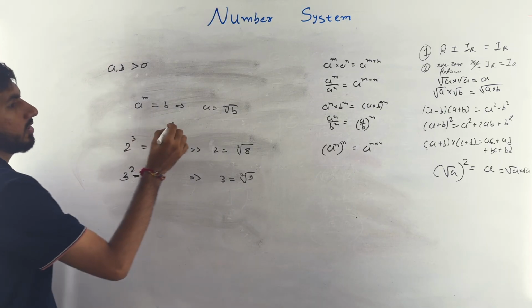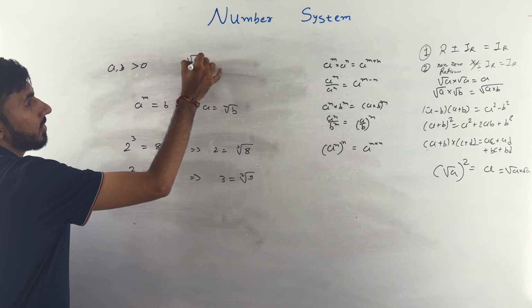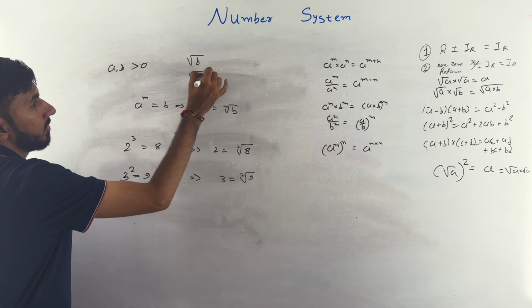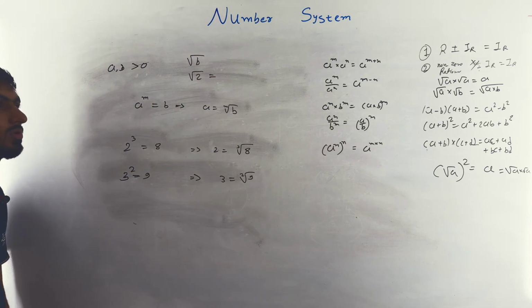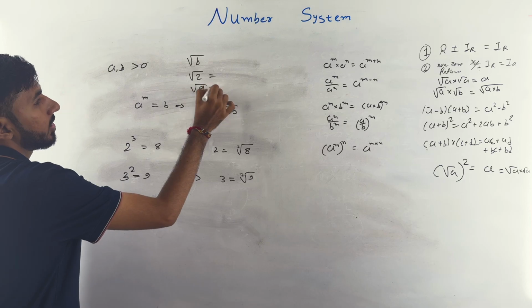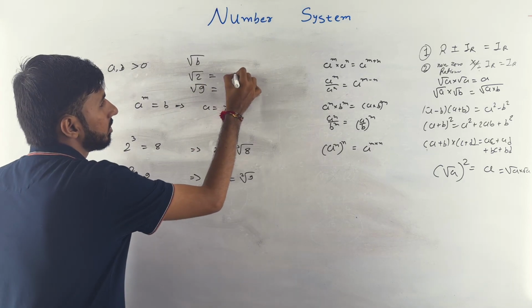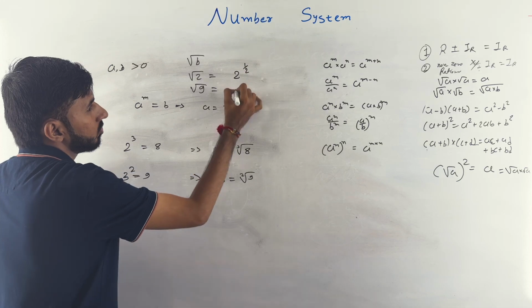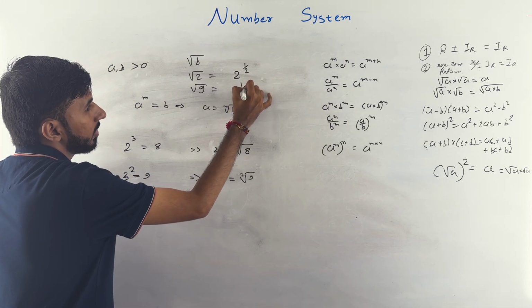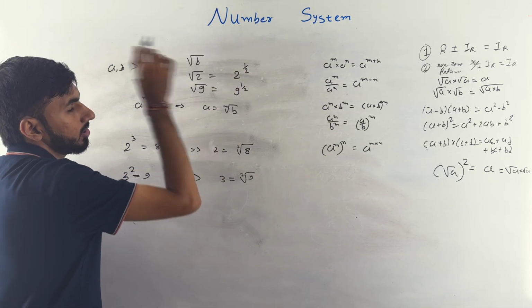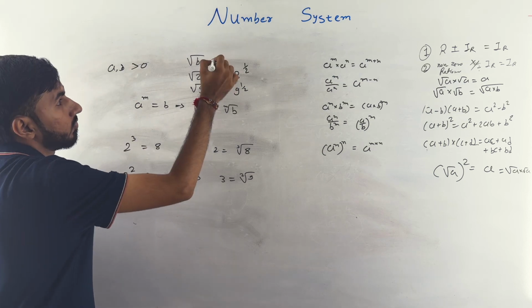So now if I want to represent square root of 2 or square root of 9 in the form of an exponent, I can write it as 2 power 1 by 2, and 9 power 1 by 2.